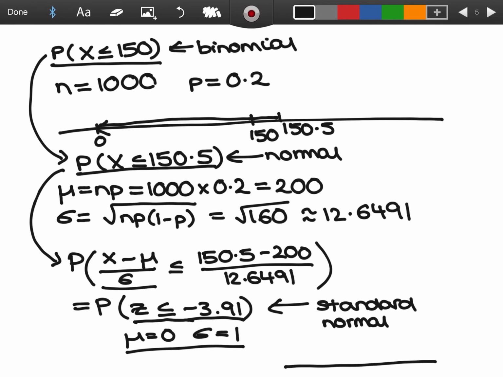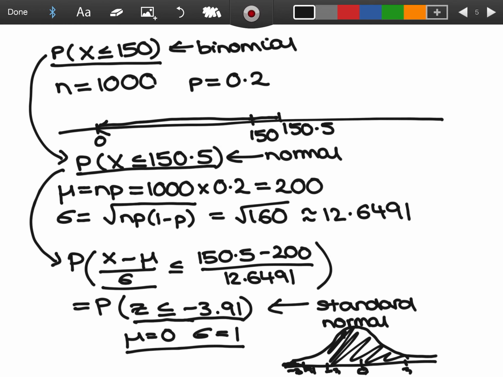If you think about our curve here, your mean is now 0, and it's asking about negative 3.91, if I can draw it down here. You're asking what is the probability that you're all the way down here. Now remember, within 3 standard deviations of the mean, 3 standard deviations above and below, you should have roughly 99.7% of your data.